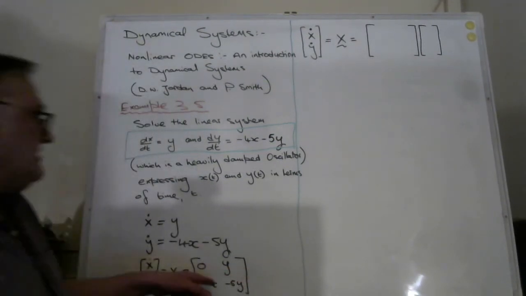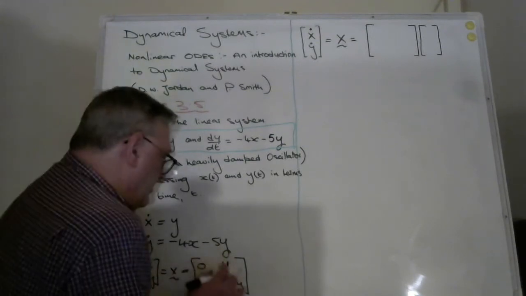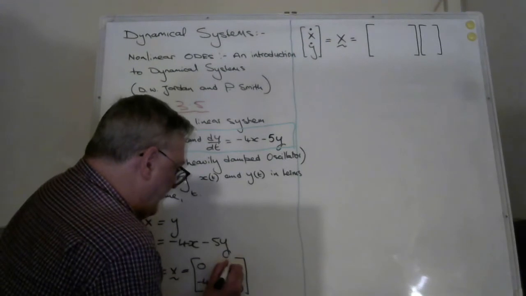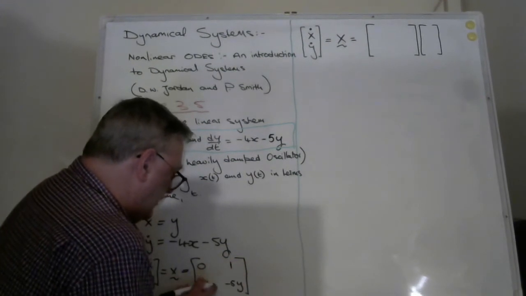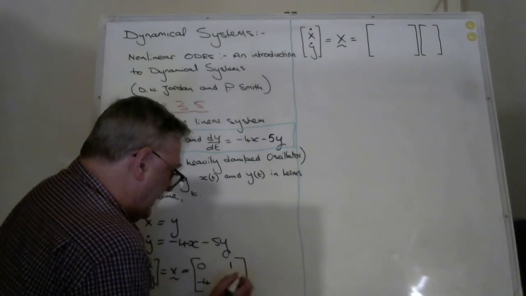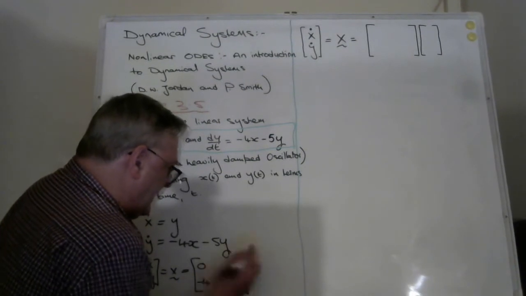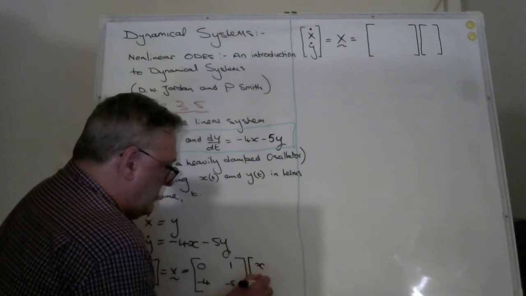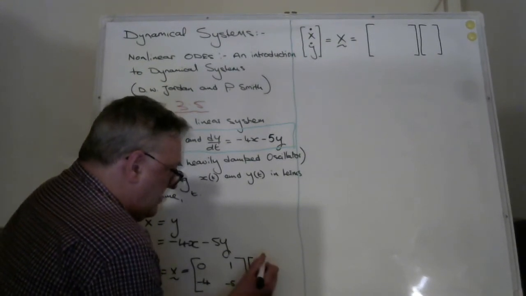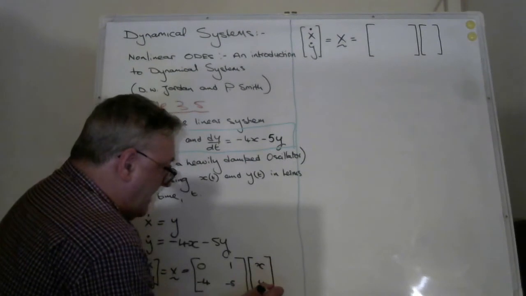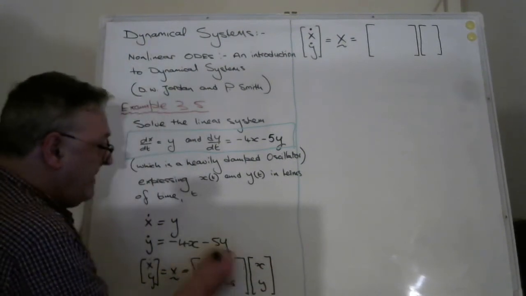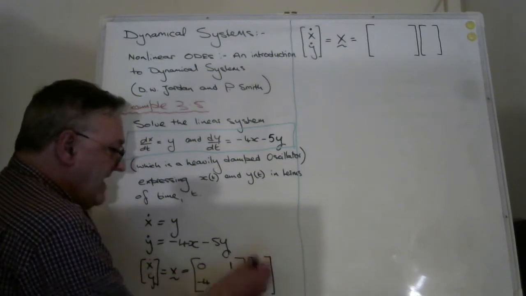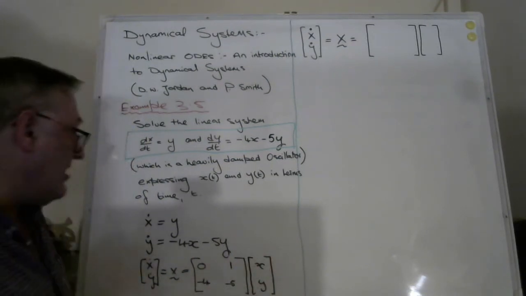Now, usually what you do with matrices is you don't write the x's and y's in there. You would have a 1 there, you would have a minus 4 there, and you would have a minus 5 there, and you would take the x and y out of the main matrix. This is going to be called matrix A in a moment, and you would put the column vector xy there, okay?